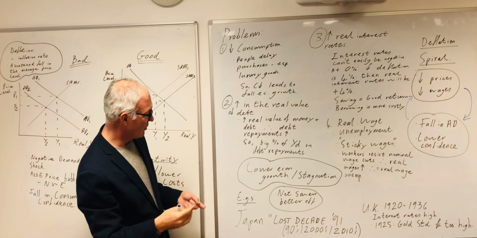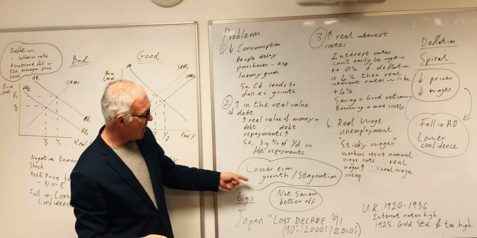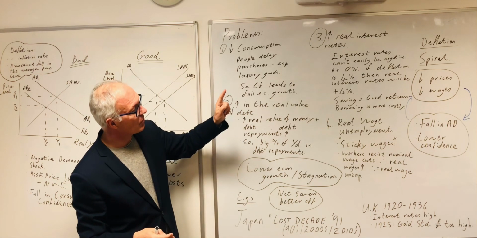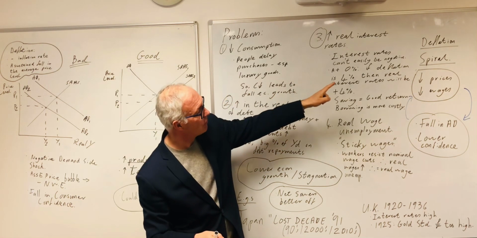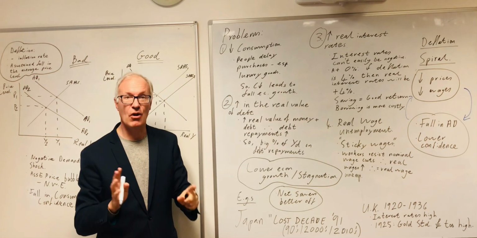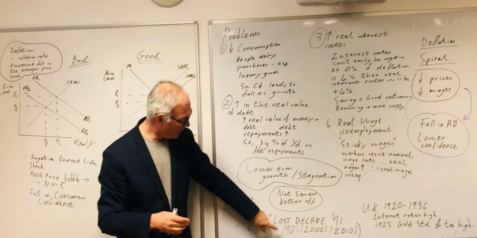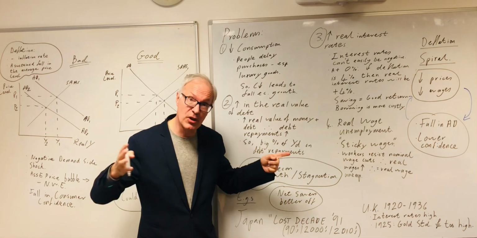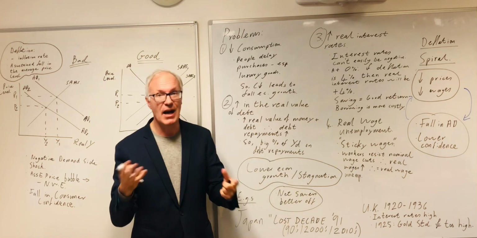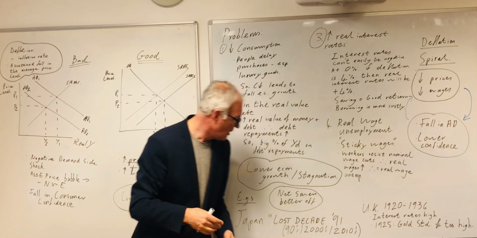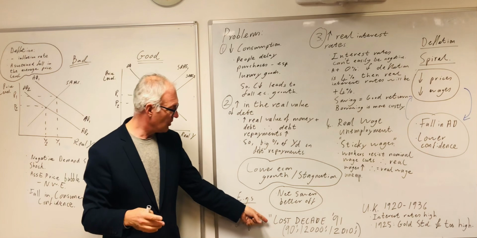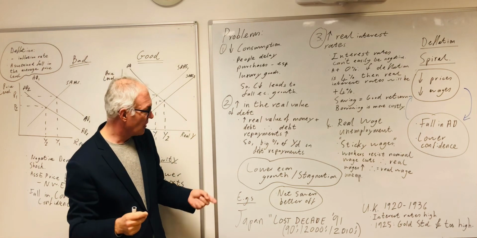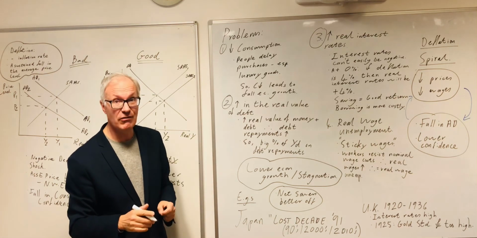This then resulted in less consumption and a stagnant decade. Only because of the deflationary spiral, this went on and on. Because not only was there a lost decade of the 90s, arguably it was a lost decade of a similar phenomenon continuing in the 2000s and indeed in the 2010s. So in a sense, there was far more than a lost decade. There was probably a lost 30 years in Japan as a consequence of a deflation.